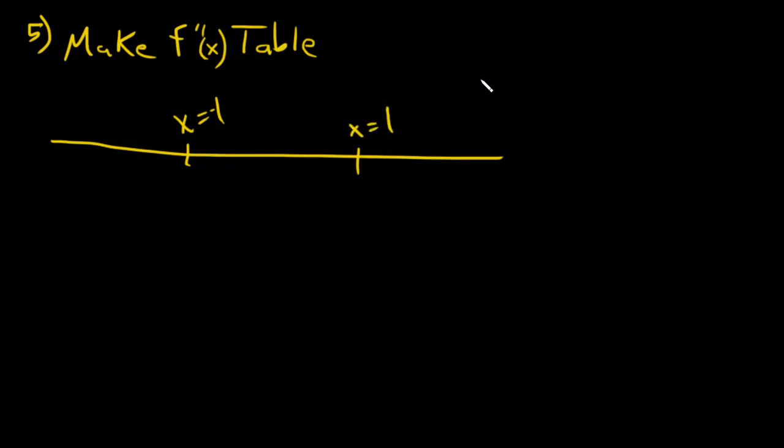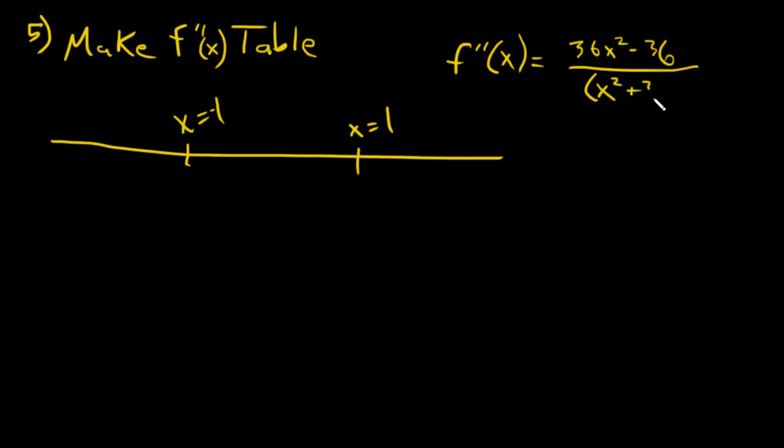I need my actual function up here, so I'm going to have f double prime of x equals, let's see, it was 36x squared minus 36 over x squared plus 3 quantity cubed, something like that, right?